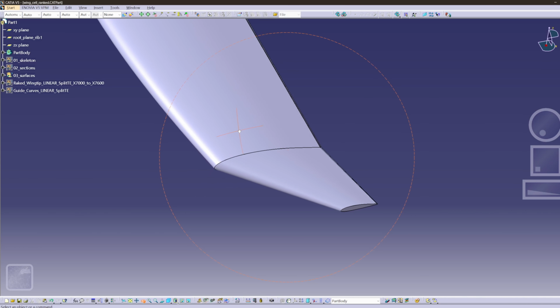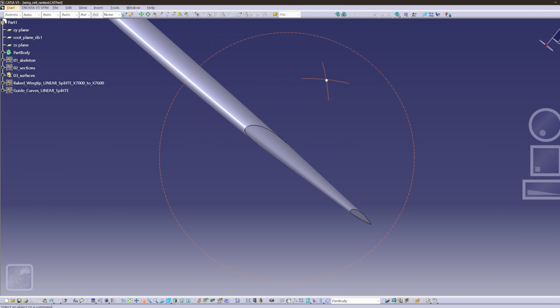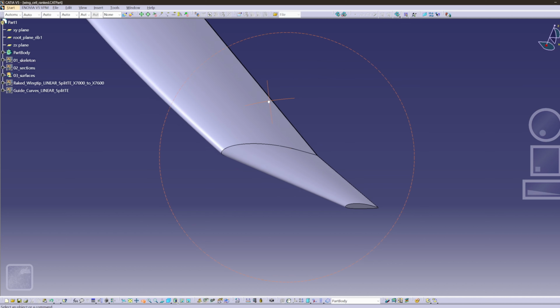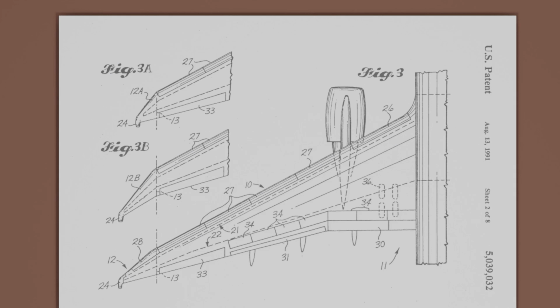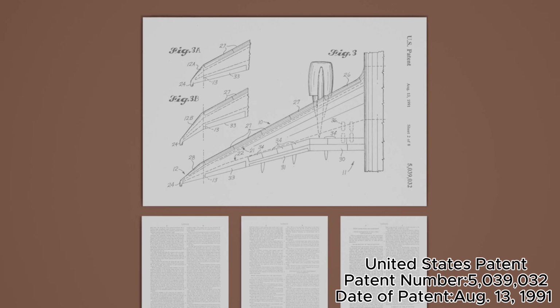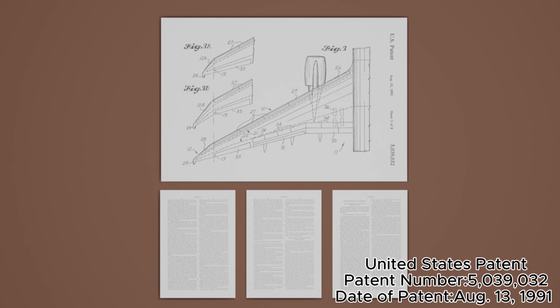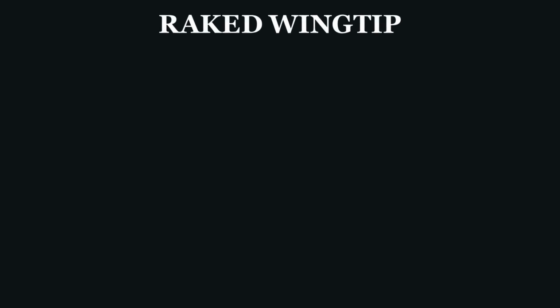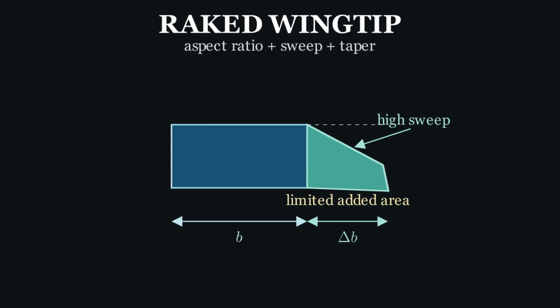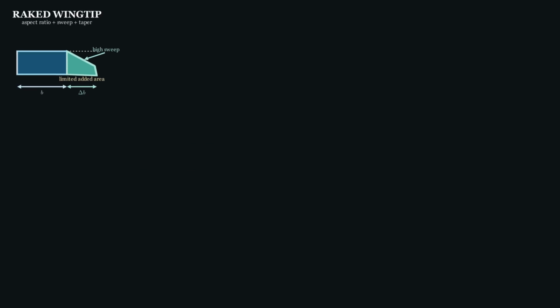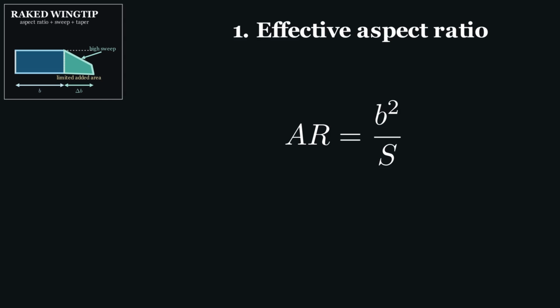Finally, the rake tip. This design introduces a significant sweep angle at the wingtip, effectively extending the wing's effective aspect ratio and making the lift distribution closer to an ideal elliptical distribution. The core advantage of the rake tip is its ability to push the generation of wingtip vortices backward and outward, significantly reducing induced drag.